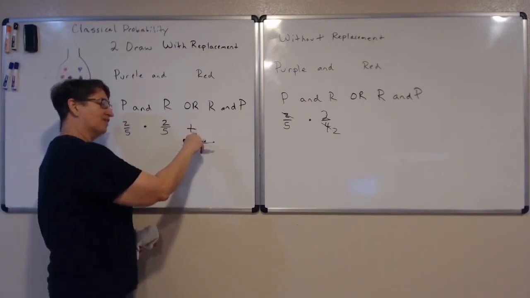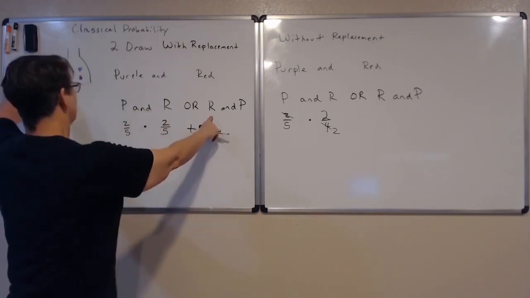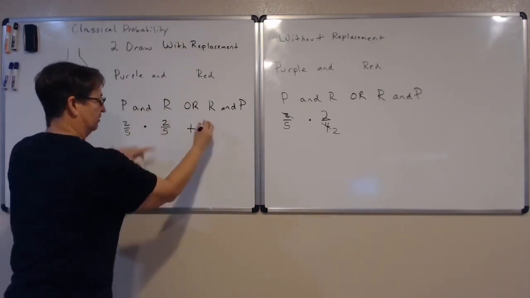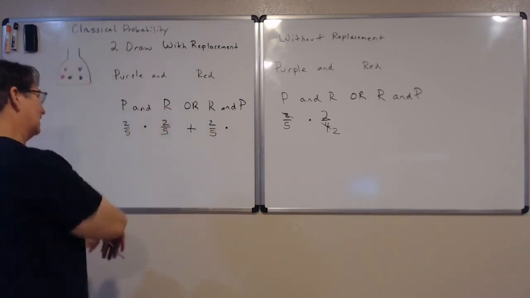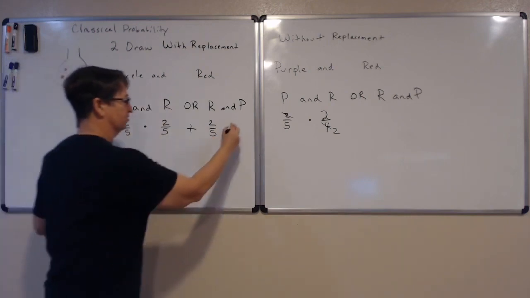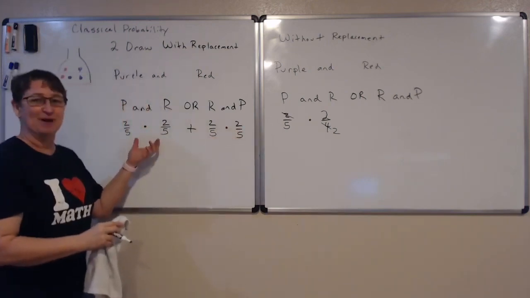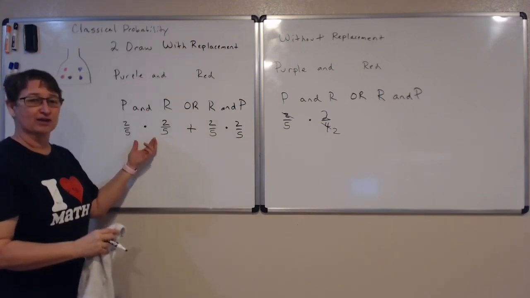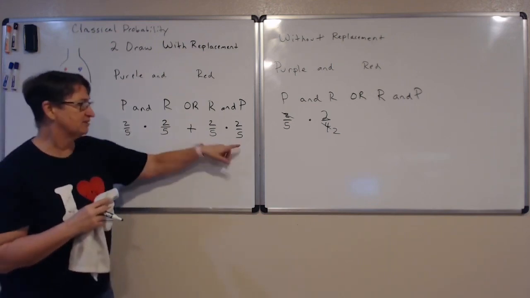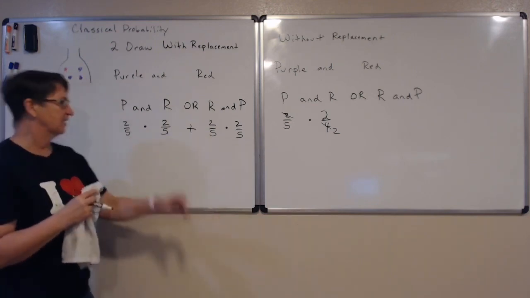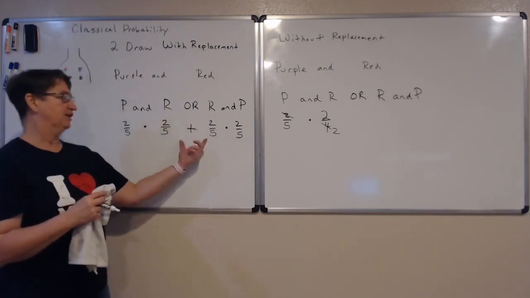Because now I've got that "or" in there, and I find the probability of the red first, and then I put it back in, so the probability of the purple is still the same. So my probability for each one of these stays the same every time, regardless. Excuse me, this probability for purple, because I'm replacing it back in every time, stays the same each time.